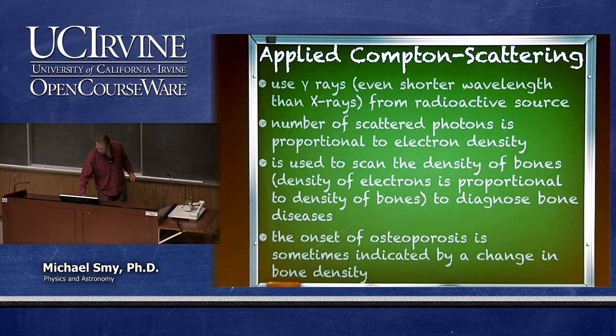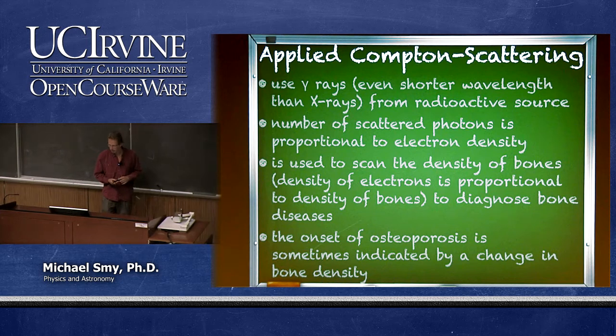Compton scattering has some application. If you use gamma rays instead of X-rays, gamma rays have even shorter wavelengths than X-rays, and you can produce gamma rays with radioactive sources. And the number of scattered photons will be proportional to the number of electrons that are around, sort of intuitive. And therefore, it is proportional to the density of electrons in a particular material.